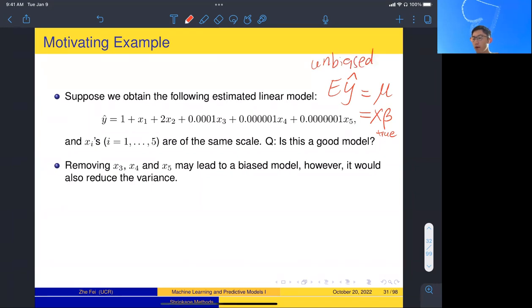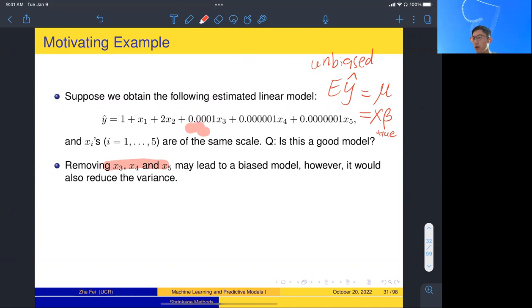And if we remove those x terms with the super small coefficients, essentially we would have a biased model, because although they are small, they contribute to the expectation.